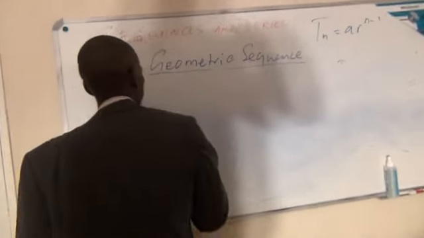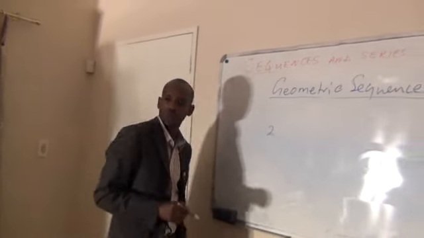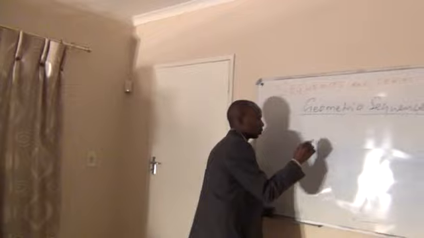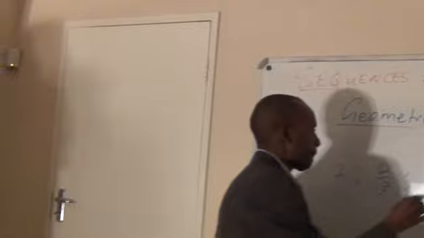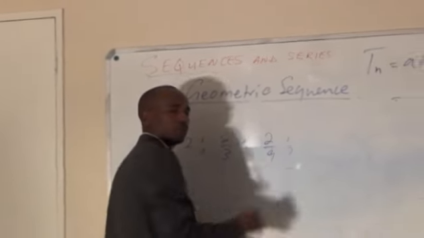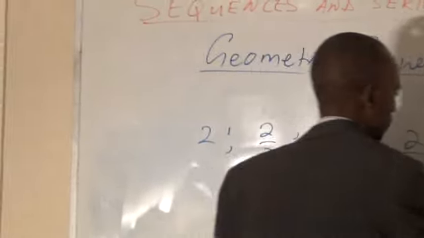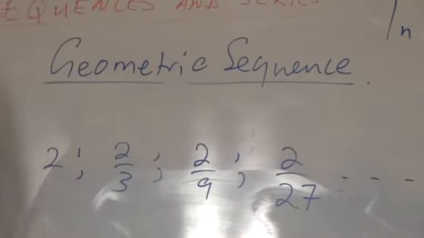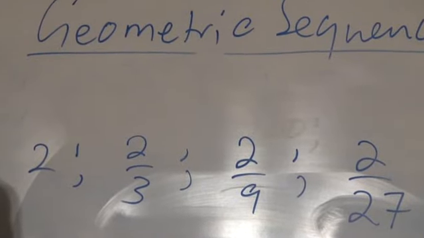Let's say I have 2, right? 2 over 3, right? 2 over 9, 2 over 27, and so on and so on. What kind of a sequence is that? Obviously you tell me, I don't know, or we don't know. We have to investigate, isn't it?